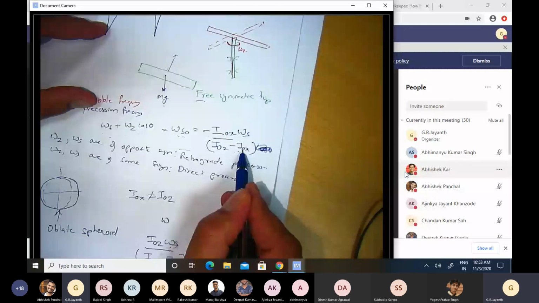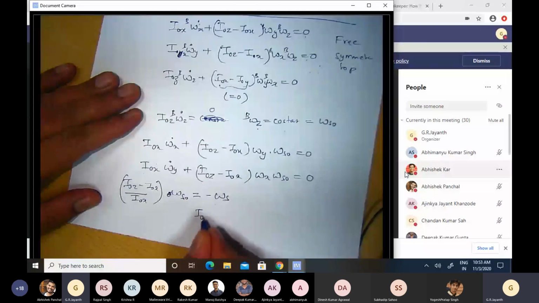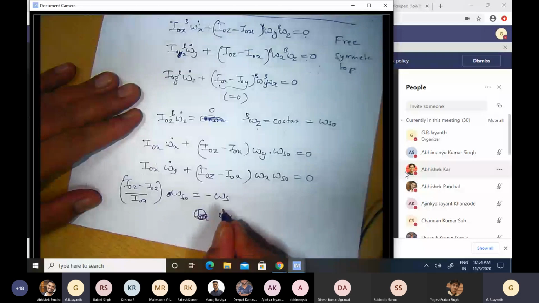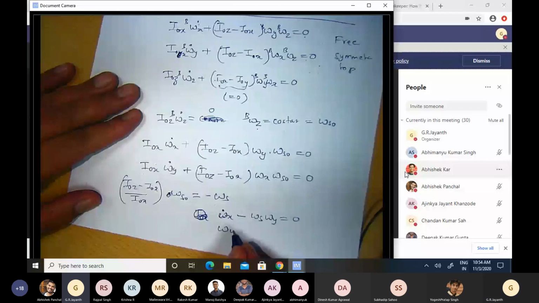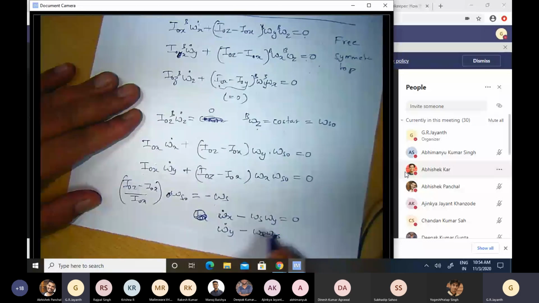Okay, so therefore I would have, if I remove I0x, omega x dot minus omega s omega y equal to 0, and then omega y dot plus omega s omega x is equal to 0.